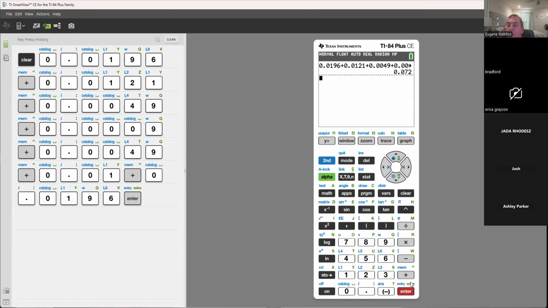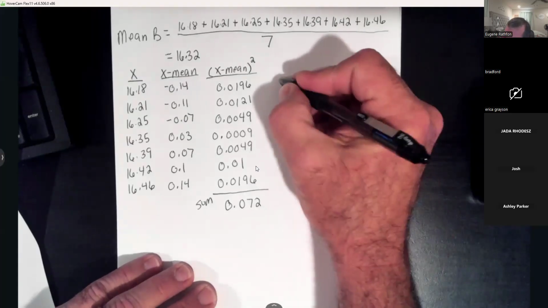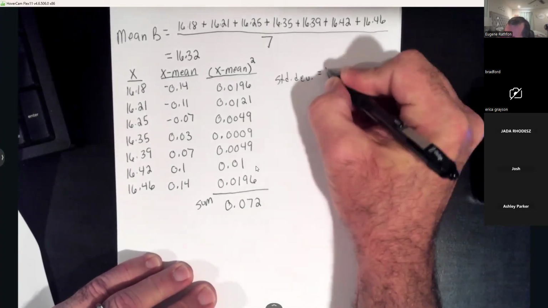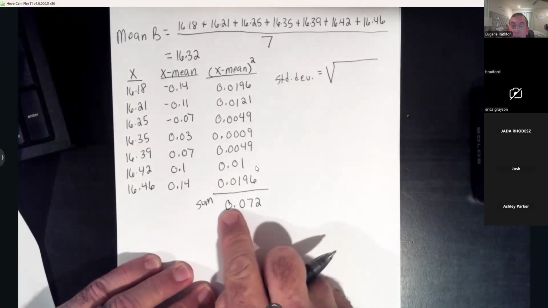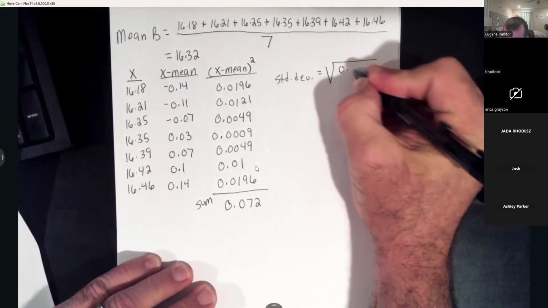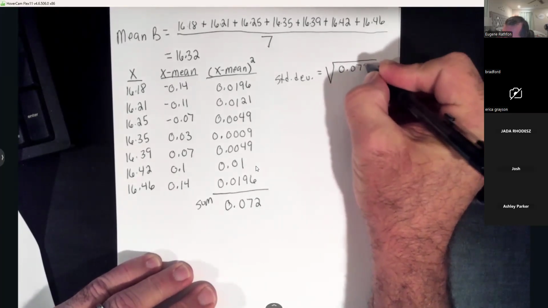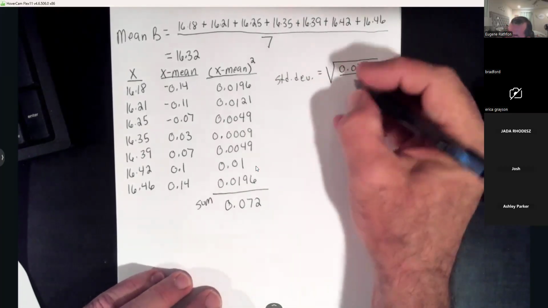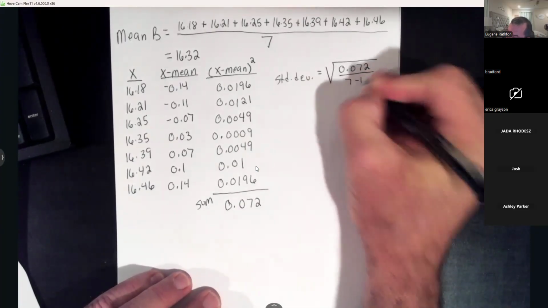I'm going to hit enter and see what the sum is. And it is 0.072. All righty. So now our next step to find our standard deviation was to take the square root of this sum, 0.072, and divide that by the total number of data points, which is 7 minus 1.